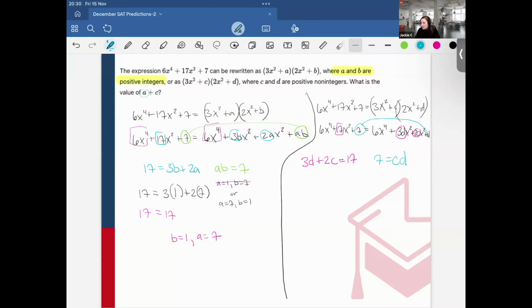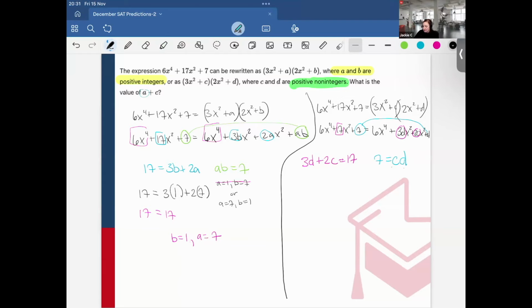Okay, so this one's a bit more complicated because it tells me that c and d are positive non-integers, meaning it can be maybe a fraction or a decimal. And I have the conditions that multiplied together, c times d has to equate to 7, and 3d plus 2c equals 17. So we do have two equations. I can maybe rearrange.